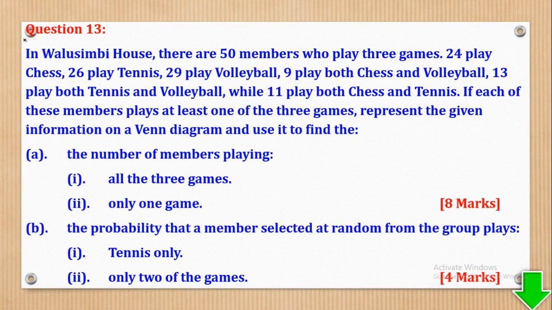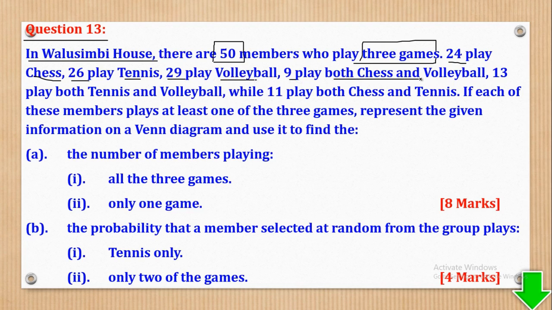So now we shall go to question 13, and question 13 says that in Walusimbi house there are 50 members who play 3 games. 24 play chess, 26 play tennis, 29 play volleyball, 9 play both chess and volleyball, 13 play both tennis and volleyball, while 11 play both chess and tennis.